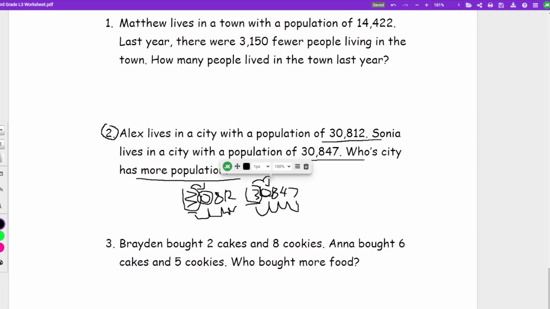There's an 8 and there's an 8. Well, 8 and 8, they're the same again. So we have to look at the next number. So this one's a 1 and this one's a 4. And we know that 4 is greater than 1. So our answer is going to be Sonia. Sonia lives in a city with more population.